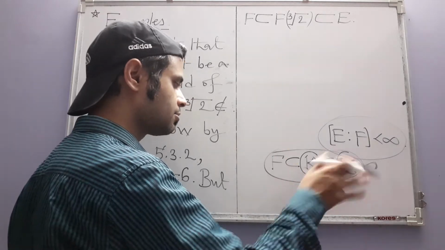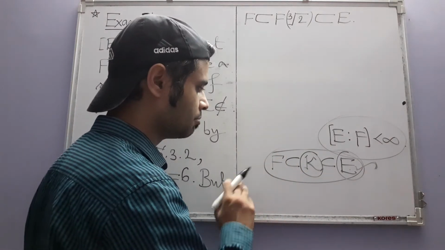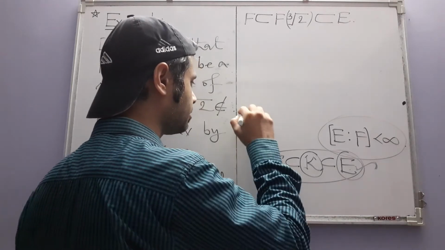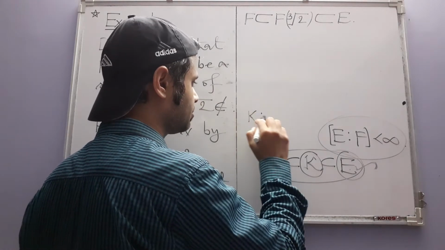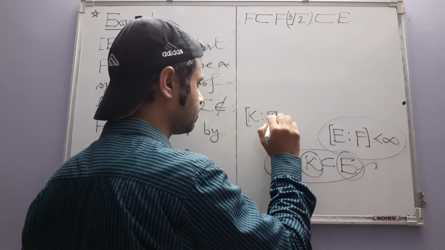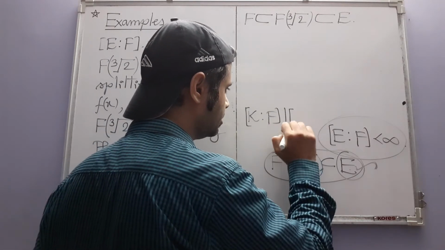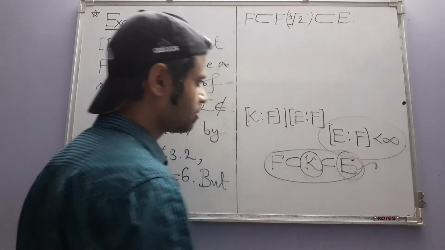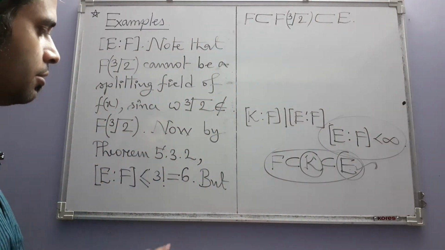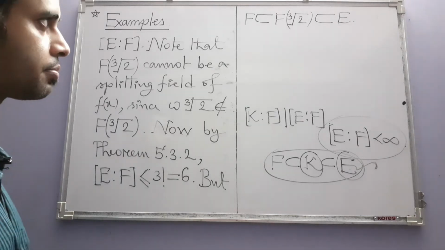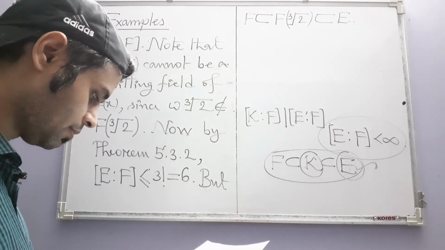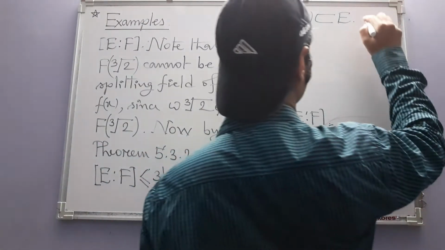and that is simply coming from vector space theory, but what we have seen here in field extension theory is that the degree of K over F actually divides the degree of E over F. We saw this in the first section, so that we can use here.